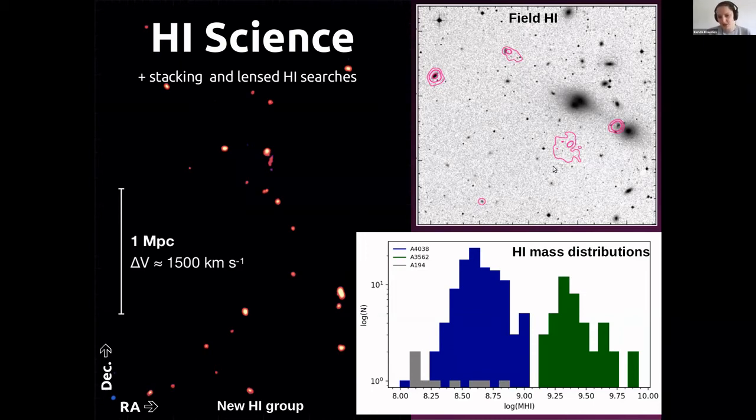We've since realized that we got really excited about this blob because it matched up really well with the lobe of some bright AGN in the region. But on further investigation, it's been identified that this is an artifact. So again, a really good reason to always self-check your results. But one of the really nice results that I think has come out of this is that they've found a new HI group that was not previously known within one of the cluster fields.